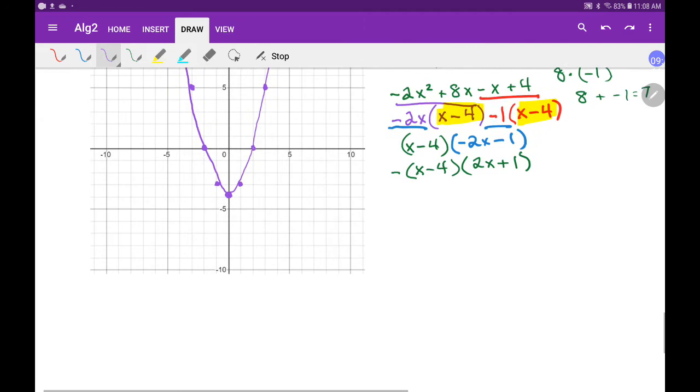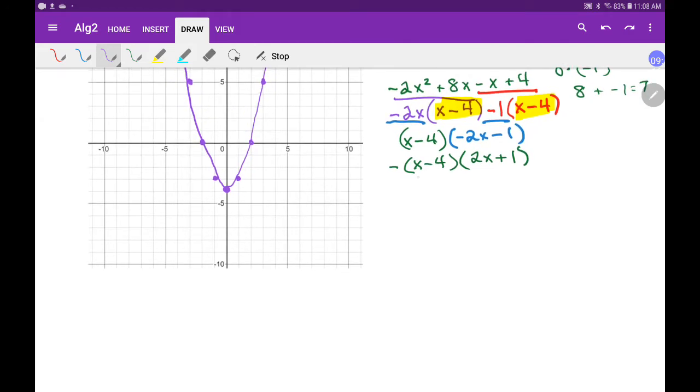And the benefit of this now is that it lets us know what the zeros are. x is equal to 4. If x is equal to 4, this first term is 0. So x equals 4 is one of my solutions. And then you say 2x plus 1, when is that equal to 0? Well, you can either spot it, or you can set it equal to 0 and solve. So we'll say 2x is equal to negative 1, and we'll divide by 2.